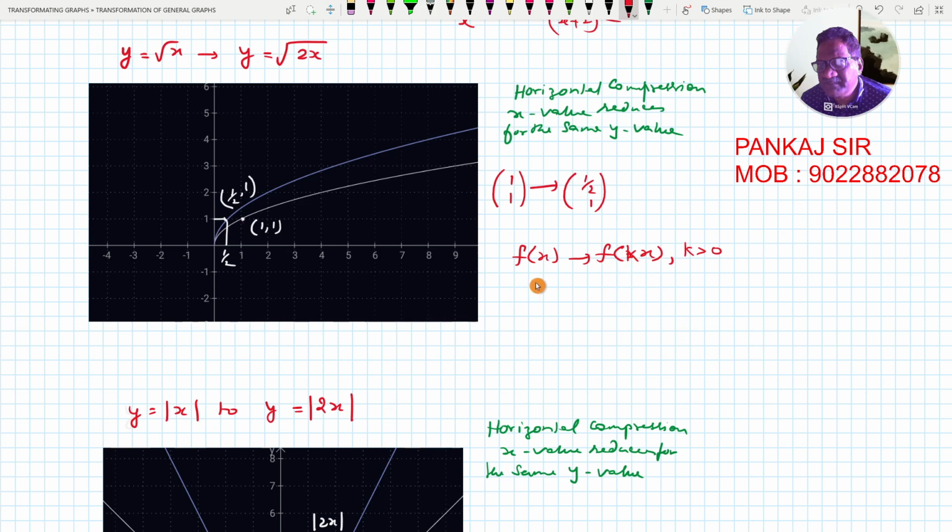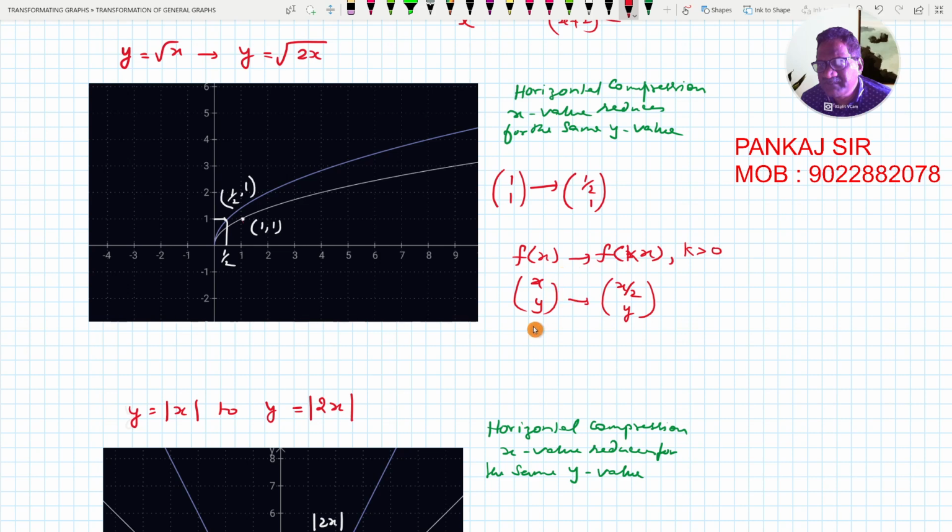So suppose this is (x, y); after the transformation, this x will be divided by 2 and the y coordinate will remain as it is. So this is what you can see happening over here. 1 is getting divided by 2, so I am getting 1 by 2 here, and the y coordinate remains the same. So this was an example of root x and root of 2x.